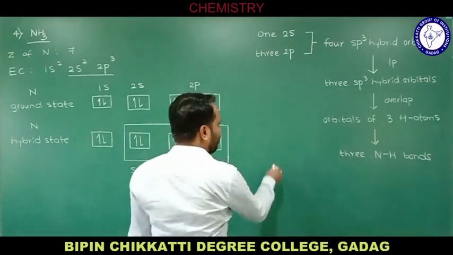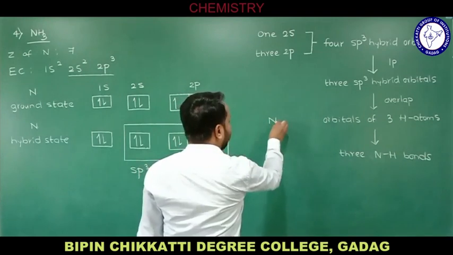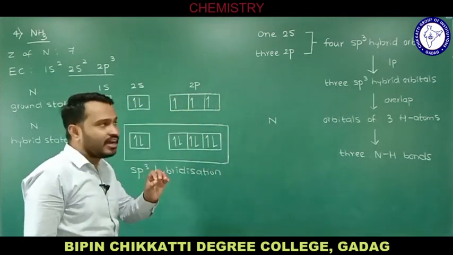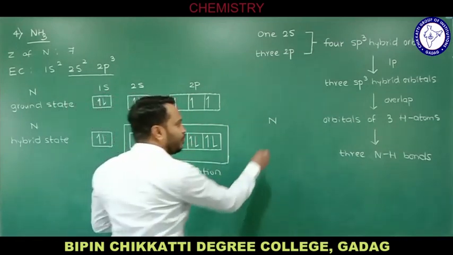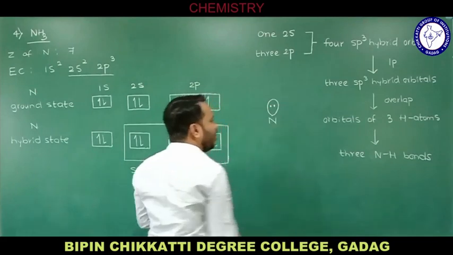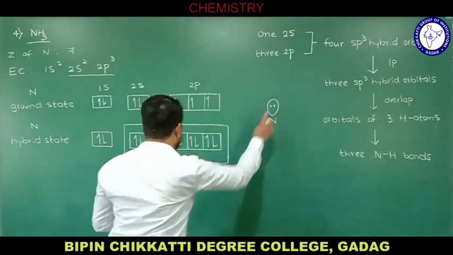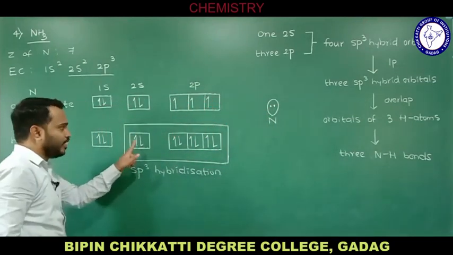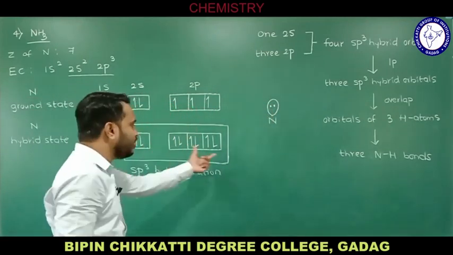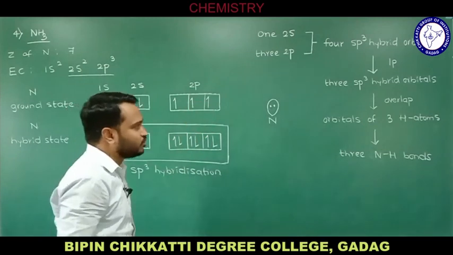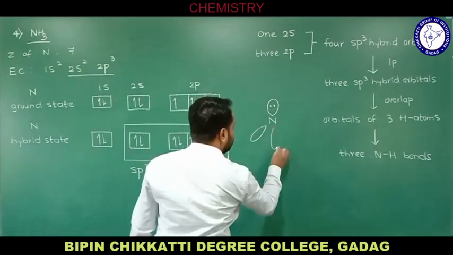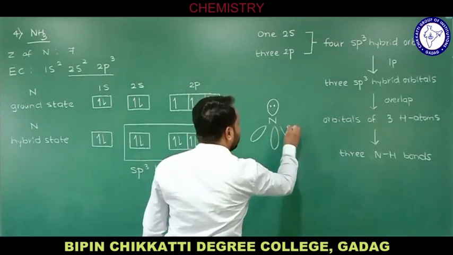And now we'll see the shape of that. So we have nitrogen, and as I mentioned, 4 sp3 hybrid orbitals, and out of 4, one has a lone pair of electrons. Let us assume this is a hybrid orbital, we have one lone pair of electrons. This is the representation of these two electrons, one electron, one electron, in the form of a pair, and they are not involved in bonding, therefore we call it a lone pair of electrons. This is one sp3 hybrid orbital, this is one sp3 hybrid orbital.